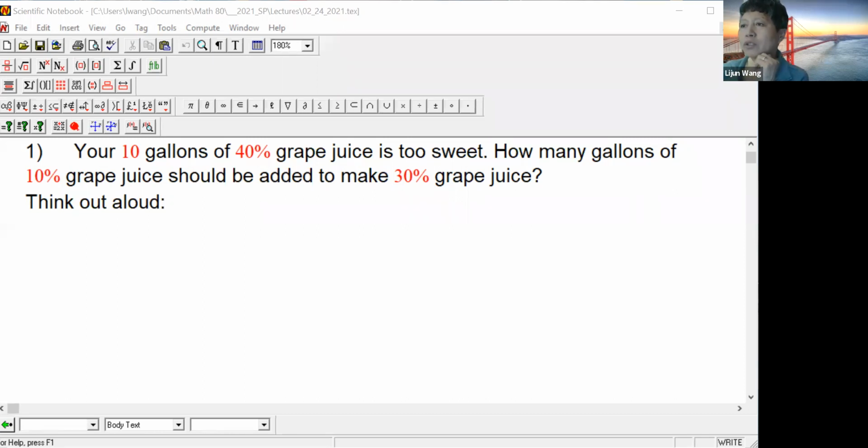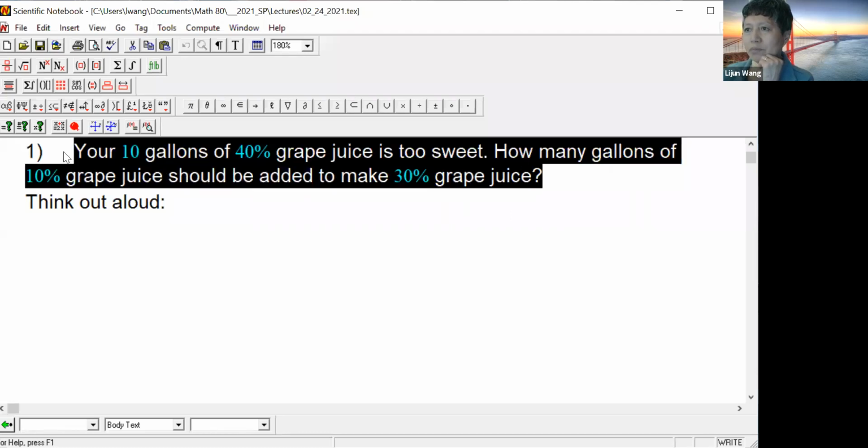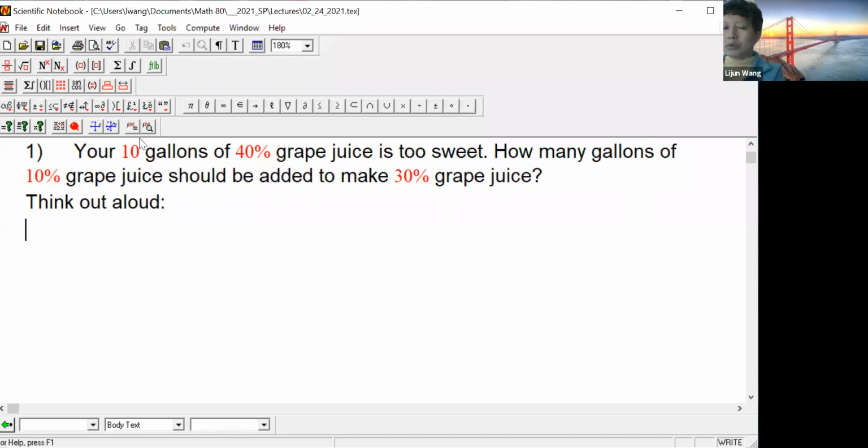Okay, so without further ado, let's look at this question. How do we analyze this question? We read the question over and over again, and we realize there are three containers of juice.